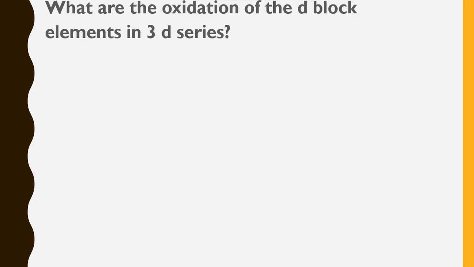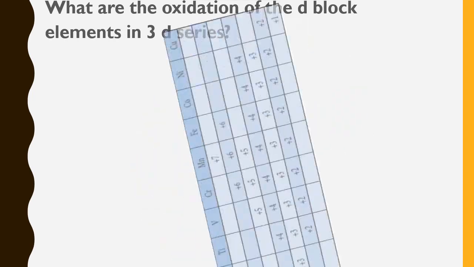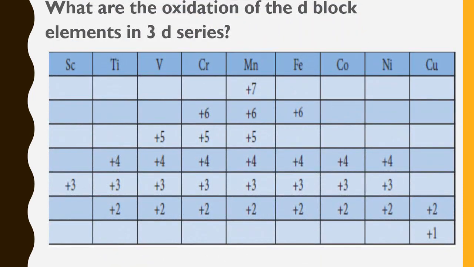Now we'll see what the oxidation states of the D block elements in the 3D series are. The 3D series is nothing but the fourth period elements. Scandium to zinc. Here scandium has plus 3 oxidation state.